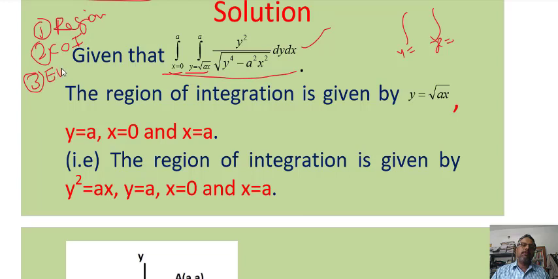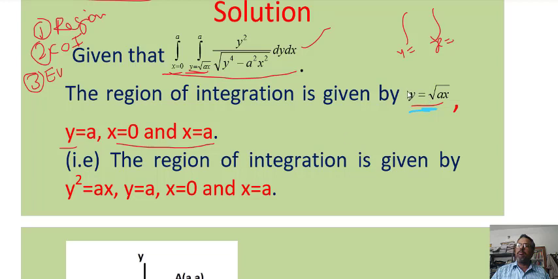First we will identify the region of integration. The region of integration is y equals square root of ax to y equals a, and x equals 0 and x equals a.